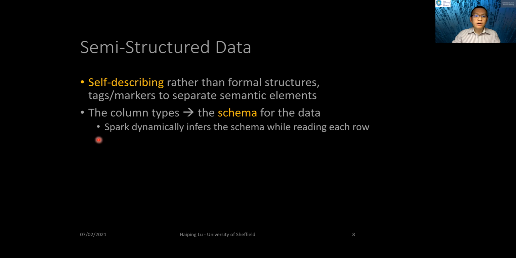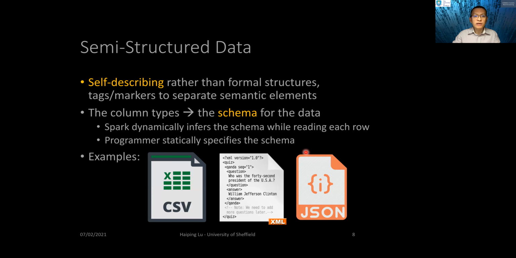So Spark can dynamically infer the schema while reading each row of data. And as programmers, we can also statically specify the schema to make it more structured and formal. Examples of semi-structured data include CSV files, which are very popular now, and XML and JSON files. So they are all semi-structured data.